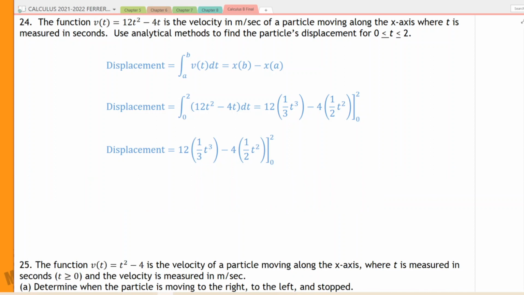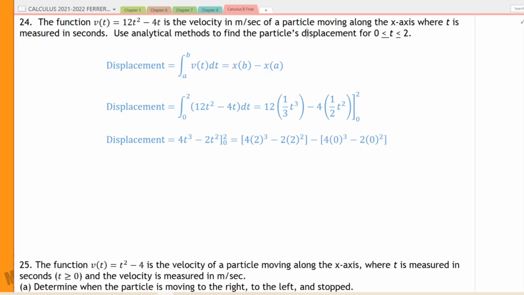It's a good idea to simplify a little: 1/3 of 12 is 4, half of 4 is 2. Now we'll substitute our upper limit minus our lower limit. 2 cubed is 8.